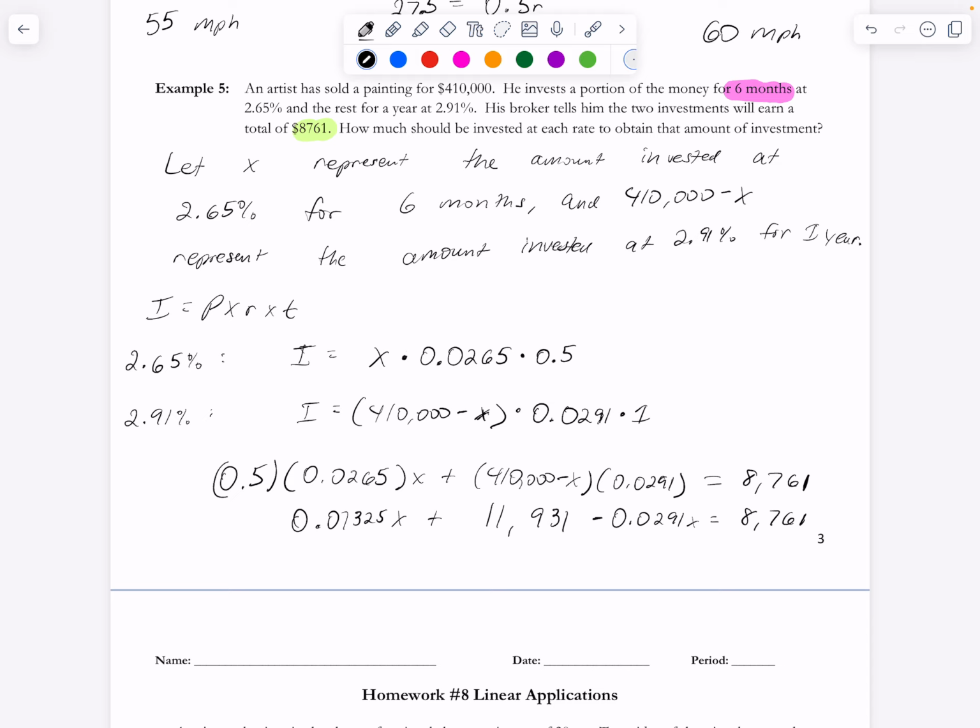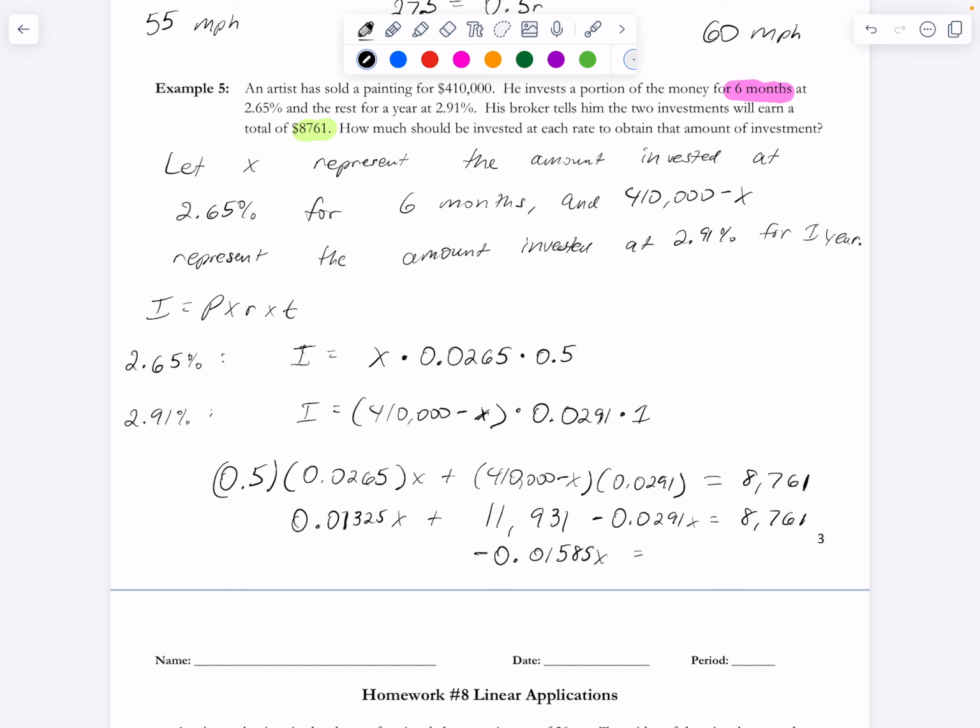I'm going to combine like terms with this 0.01325 minus 0.0291, which gives me negative 0.01585X.